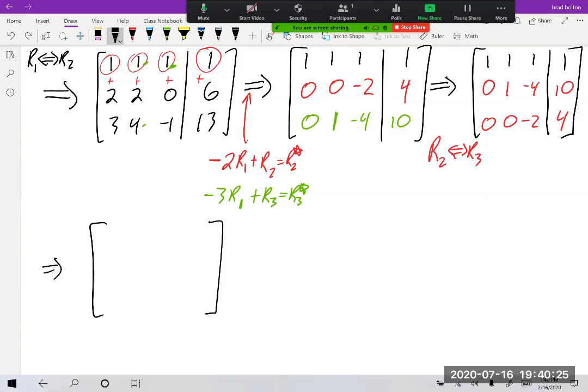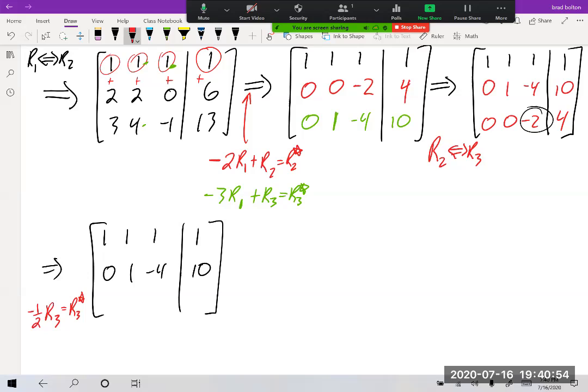But now we need this guy to be a 1, okay? So now I'm going to rewrite 1, 1, 1, 1, and then 0, 1, -4, 10. And now I'm going to do -1/2 row 3 equals a new row 3.